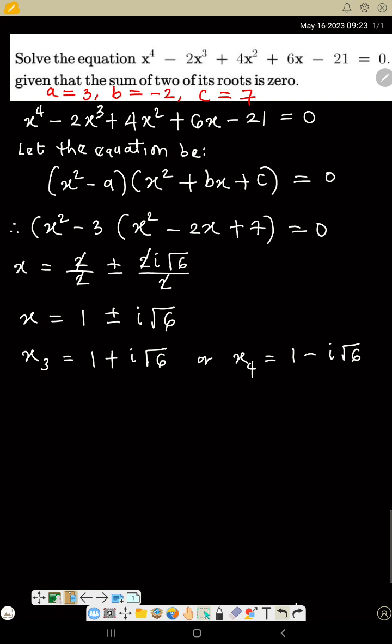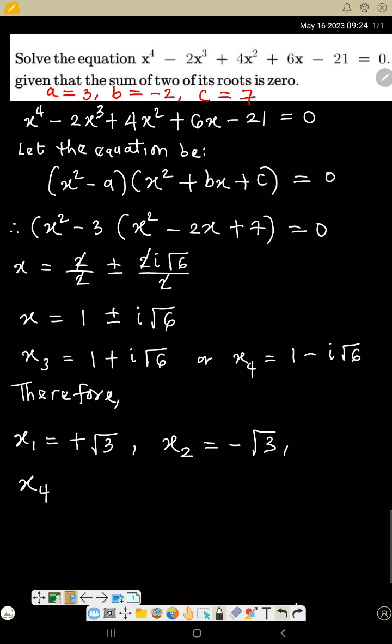Combine all the results now. Therefore, s1 is equals to plus root 3. S2 is equals to minus root 3.